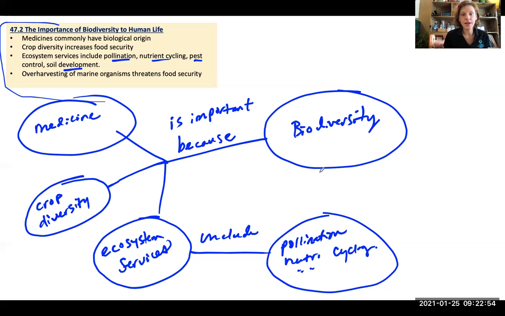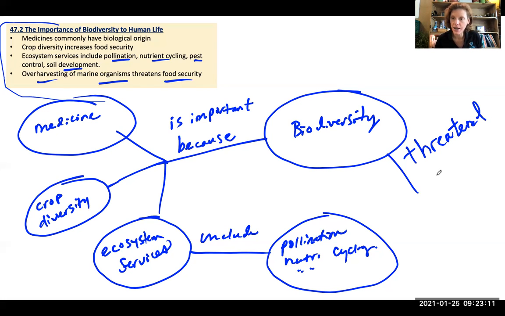And then, overharvesting of marine organisms threatens food security. So you could say biodiversity, and I might say is threatened by overharvesting.